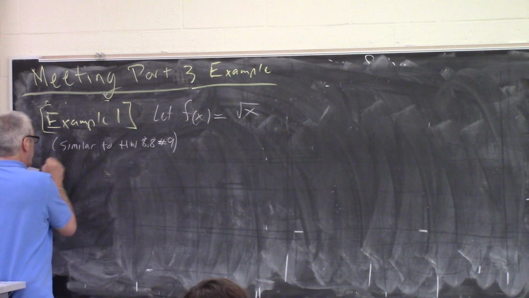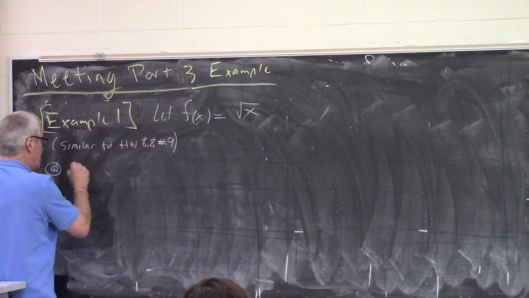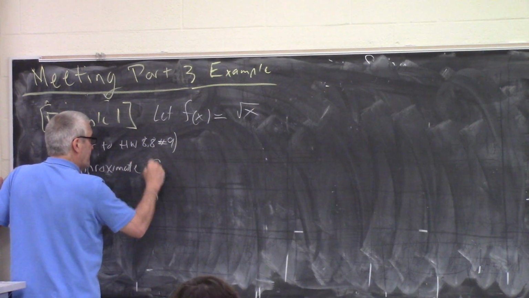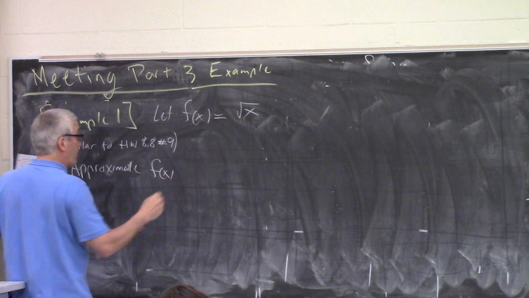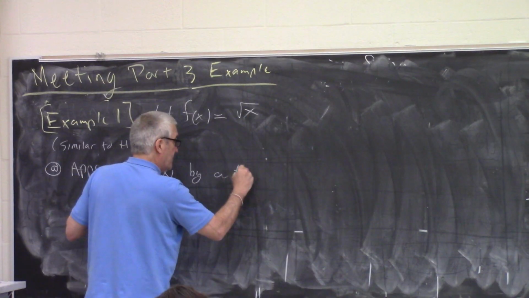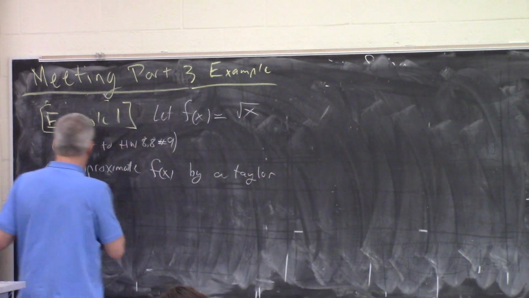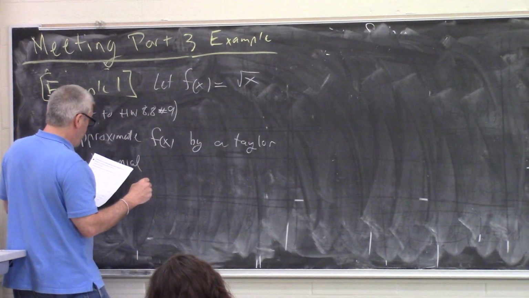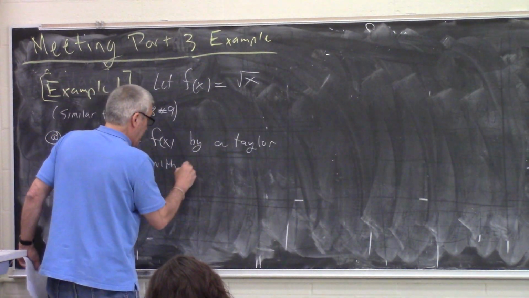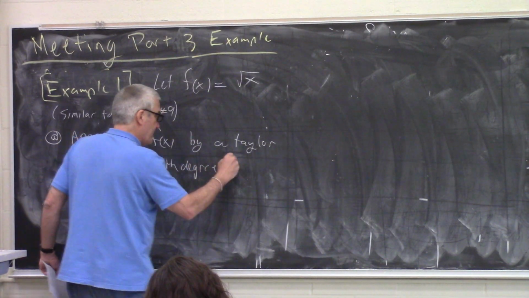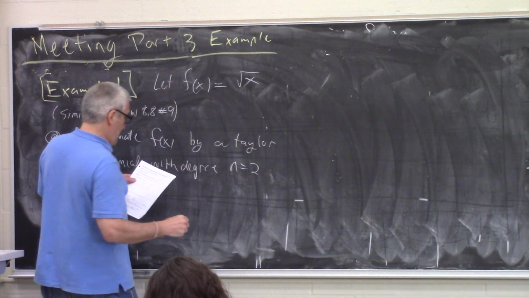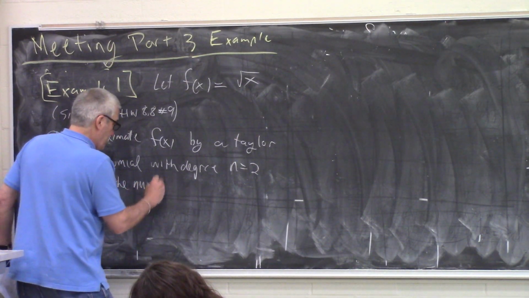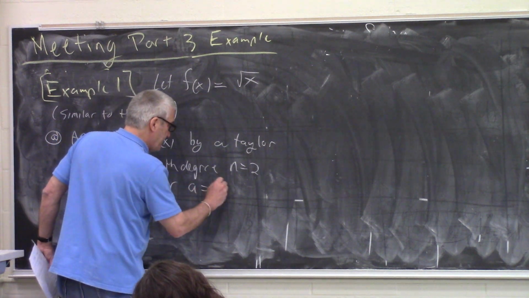So question A is, approximate that function by a Taylor polynomial of degree 2 around the number a equals 9.